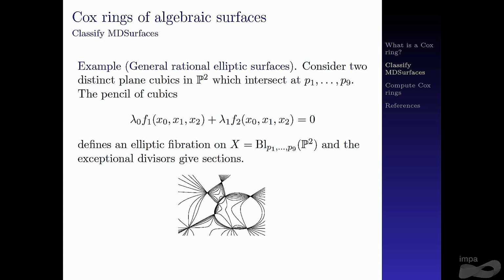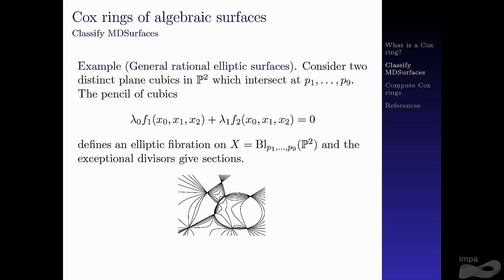The elliptic fibration is obtained by taking the projection on the lambda variables, and then you resolve the indeterminacy of this map. This defines a morphism to P1, whose fibers are exactly the transforms of the cubics in the pencil. And you can also easily realize that the exceptional divisors of this blow-up define sections of this elliptic fibration.